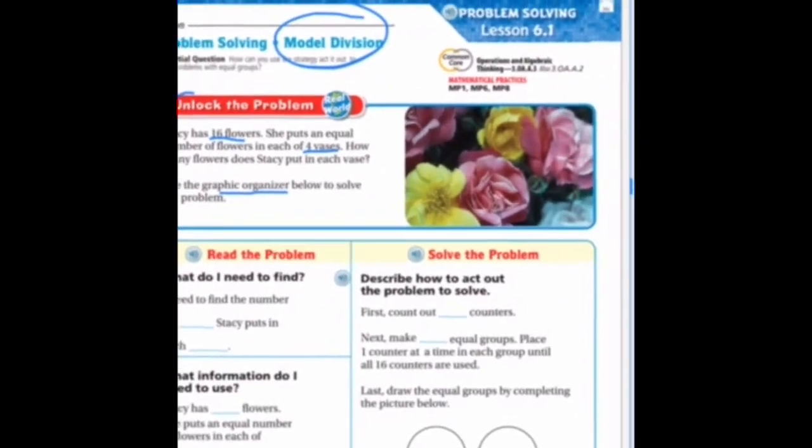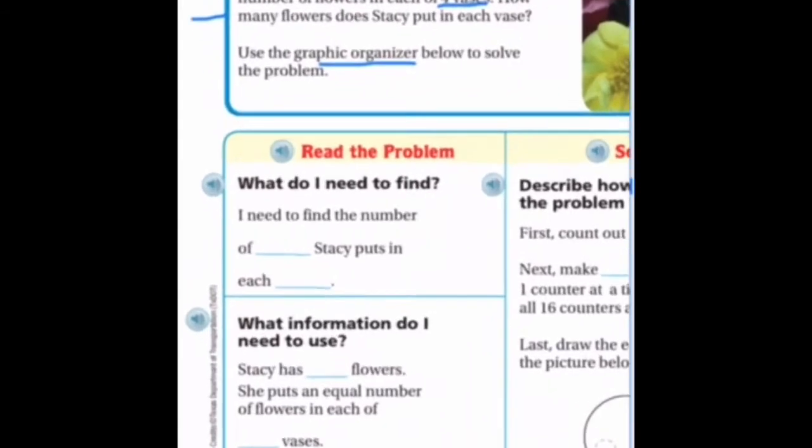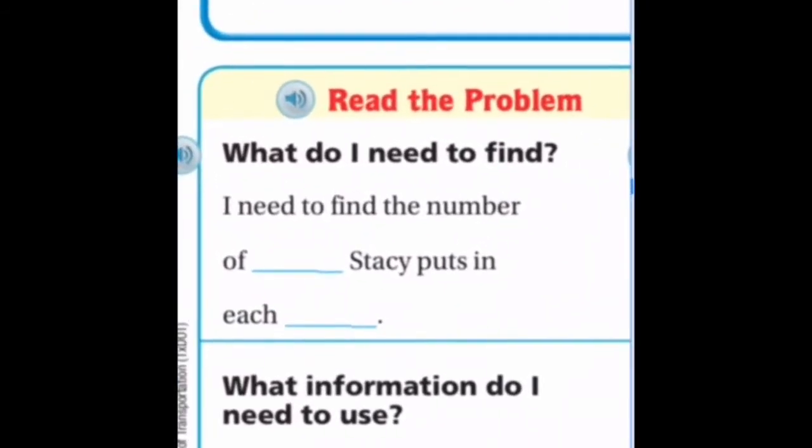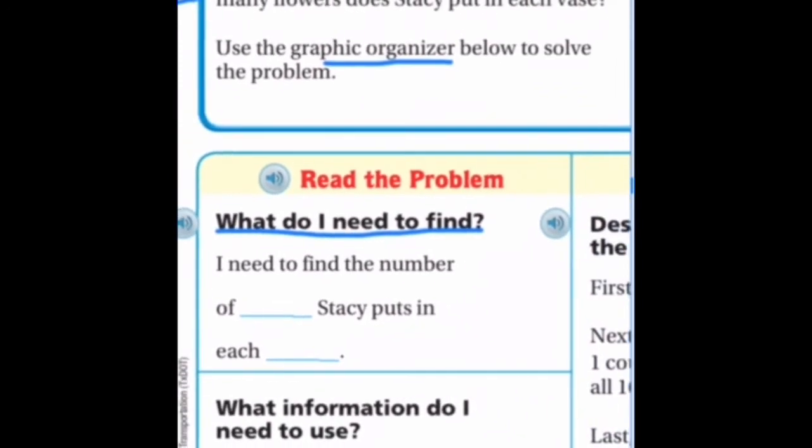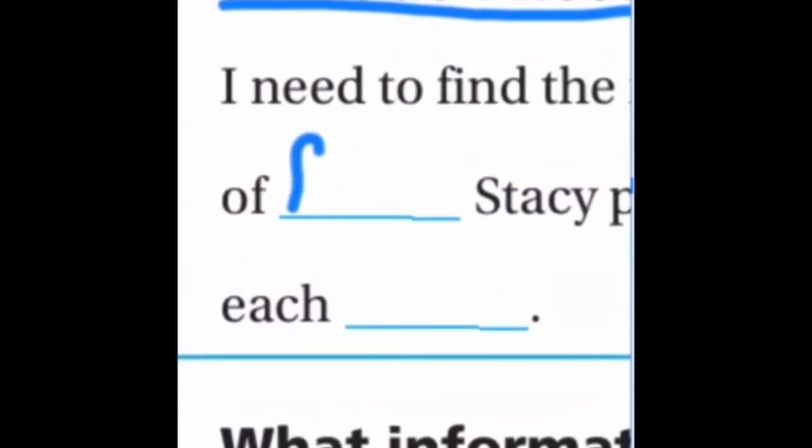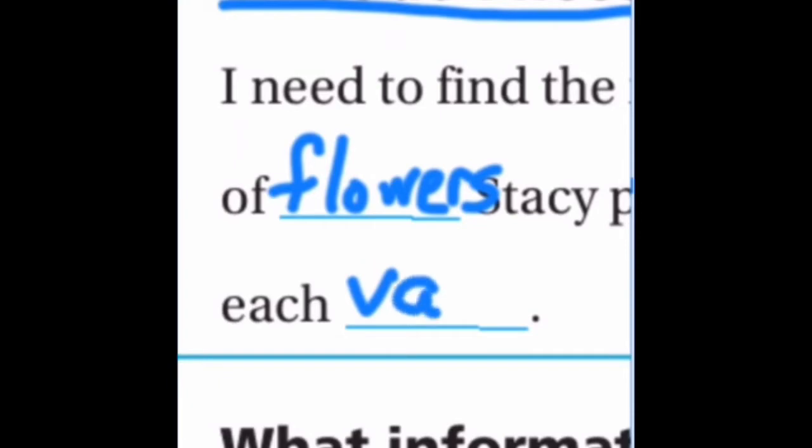Alright, here are the pretty flowers. Let's read the problem. We did that. What do I need to find? I need to find the number of blank Stacy puts in each blank. We need to find the number of flowers she puts in each vase. There we go.